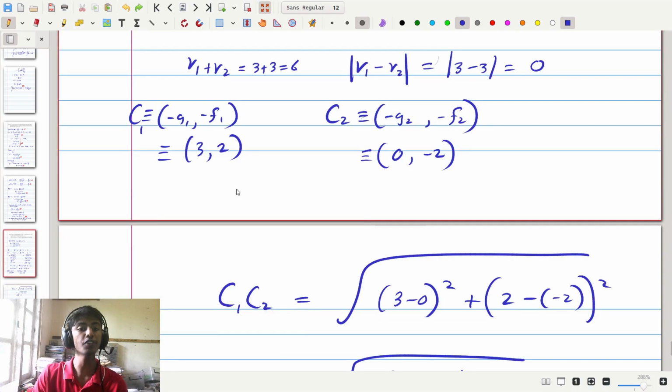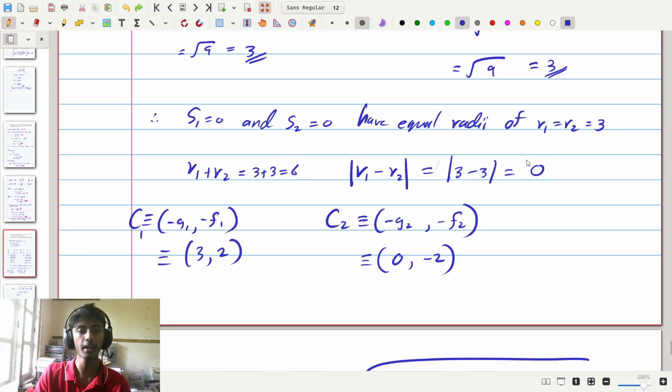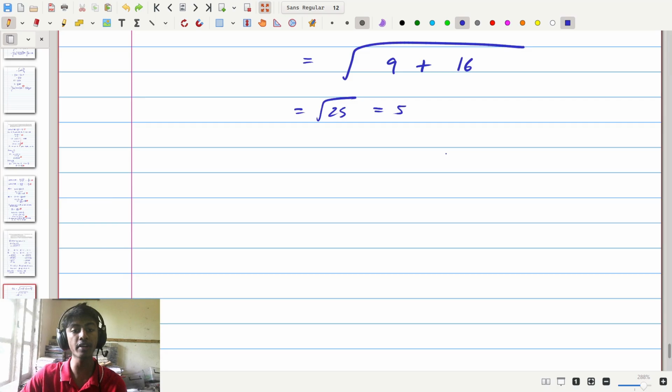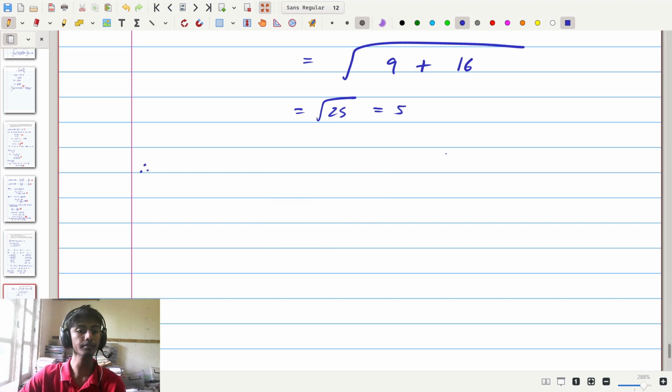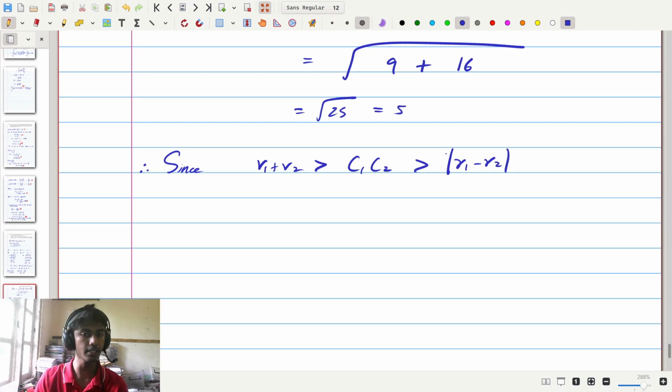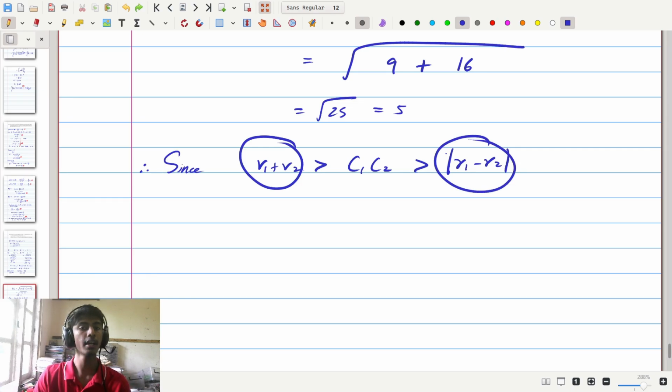Now 5 is in between 6 and 0, and therefore our circles are somewhere in between intersecting externally and intersecting internally, which means they intersect like this. So we can say that since r1 plus r2 is bigger than C1C2, which is bigger than the modulus of r1 minus r2, i.e. the distance between the two circle centers is in between the conditions for them to touch externally and touch internally, the two circles must intersect at two distinct points.